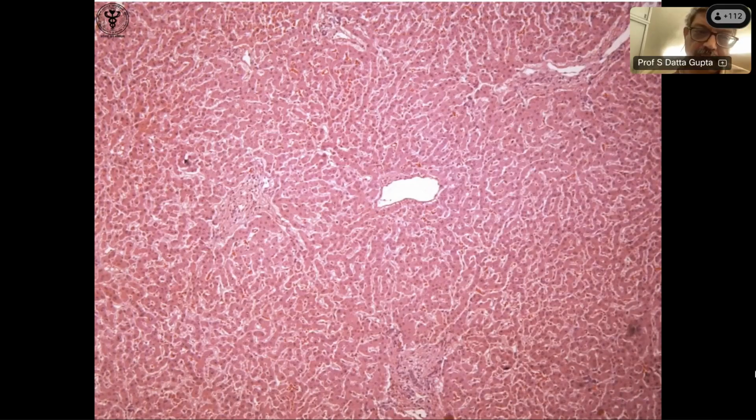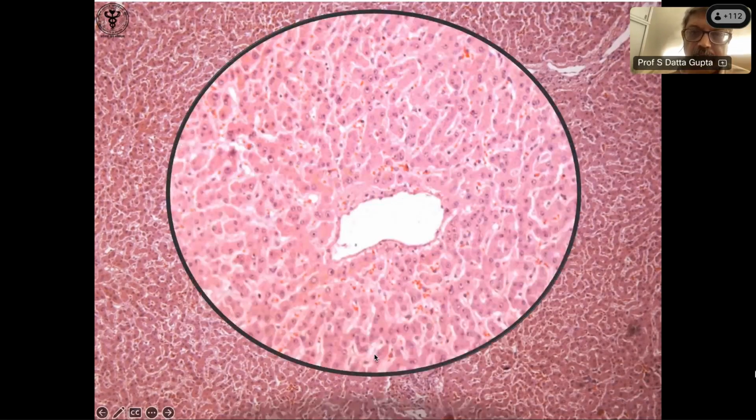All of you see this slide. It's open to all, especially the first year residents. You can see this. This area, if you can identify, what is this area?